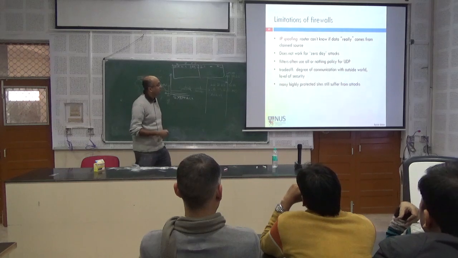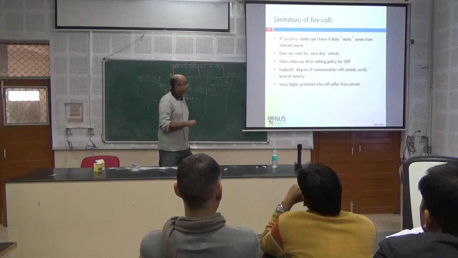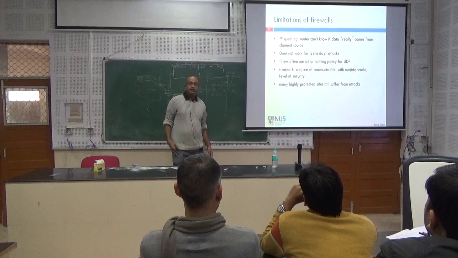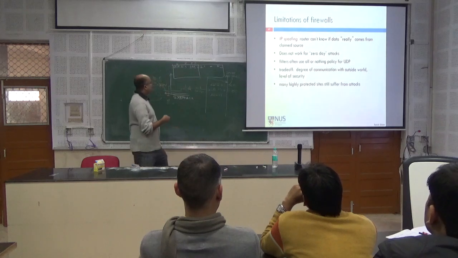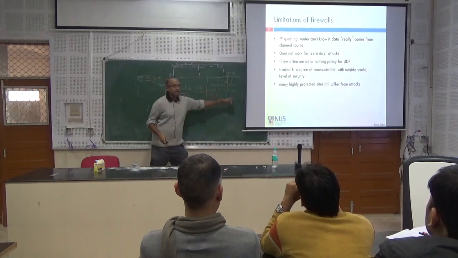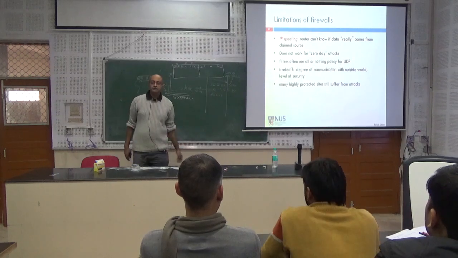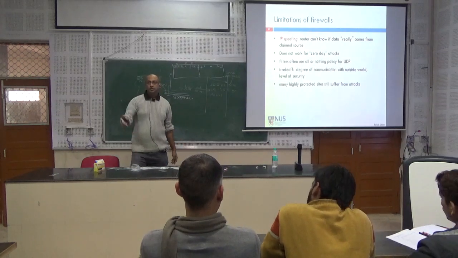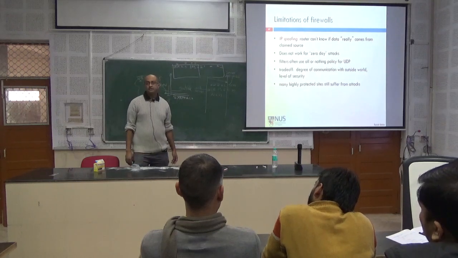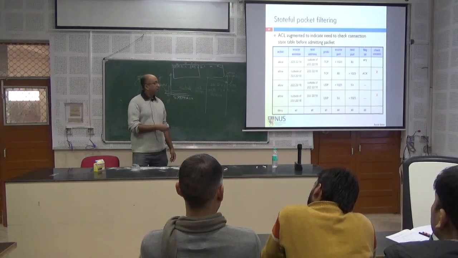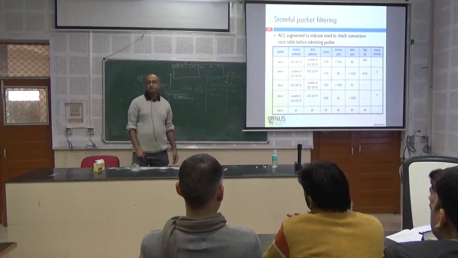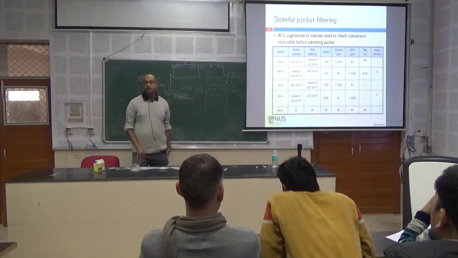That's one problem. Also, it doesn't work for what is called zero-day attacks. These are attacks I know people could possibly attack like this. But do I know everything that is possible? I don't know. Maybe tomorrow you'll find a new way to attack things. That new way of attacking things is not in this table. So your firewall doesn't help in that case.